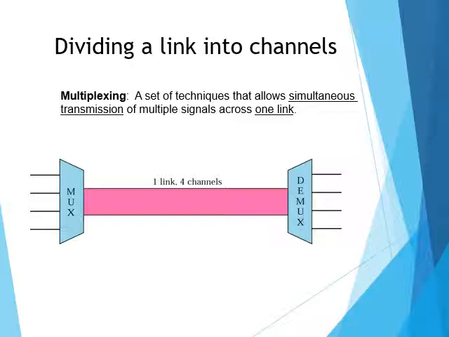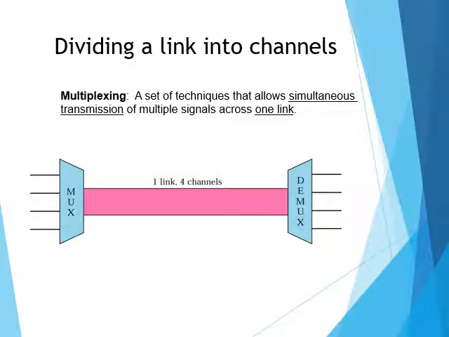As I mentioned before, in the chapter on signals, we were sending a single signal. In real life, in real implementation, we are sending multiple signals. So how do we send multiple signals across one link?